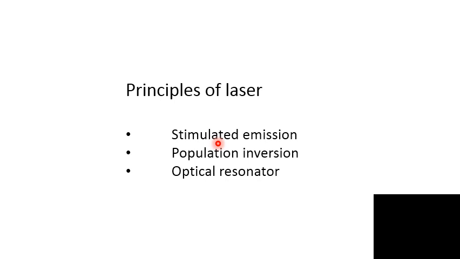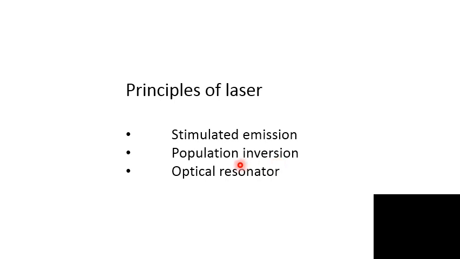Next is population inversion. We also saw population inversion in our previous lecture, and it is very important for the laser. If you are clear on this, then you can understand the laser. Otherwise, the laser is actually nothing without population inversion. So our concept of population inversion must be clear.